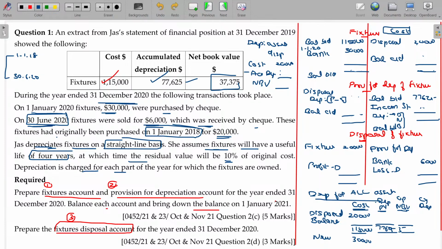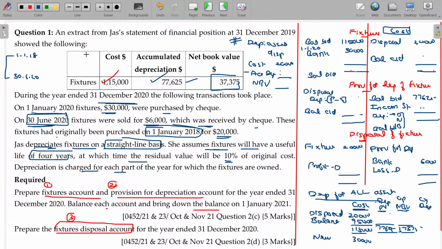Is that clear? So 1,50,000, 20,000 sold means 95,000 is the balance asset. You have to find out the depreciation for the disposed asset and depreciation for the balance asset.